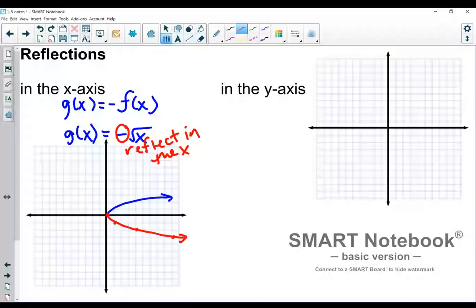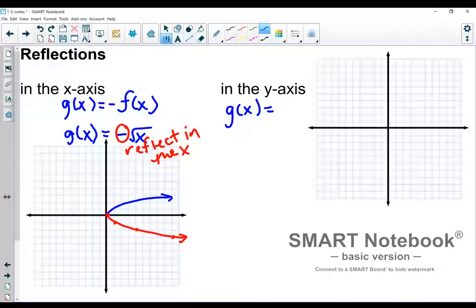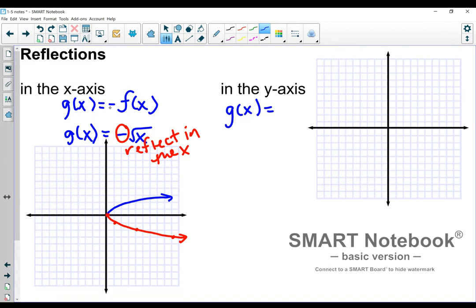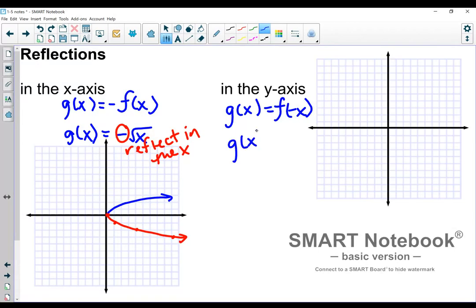Now I'm going to show something that's reflected in the y-axis. So for that, that would be like g of x. And so this time, instead of on the outside of my f of x, it's going to be on the inside. So f of negative x. So let's see, what kind of function haven't we done yet?